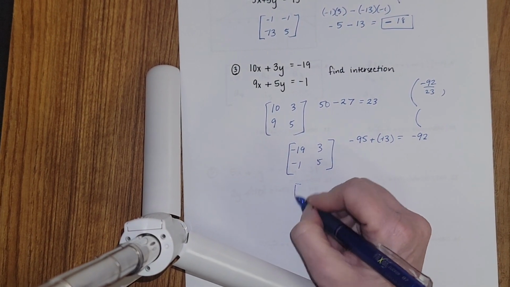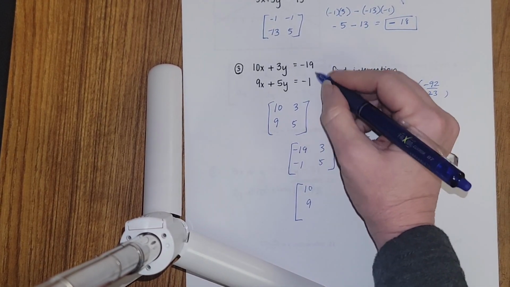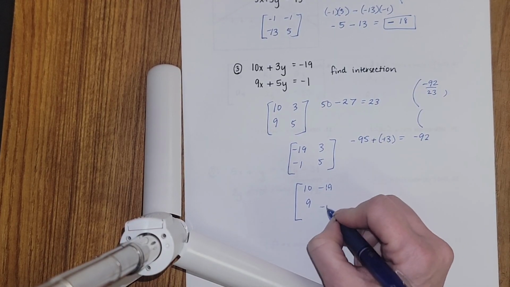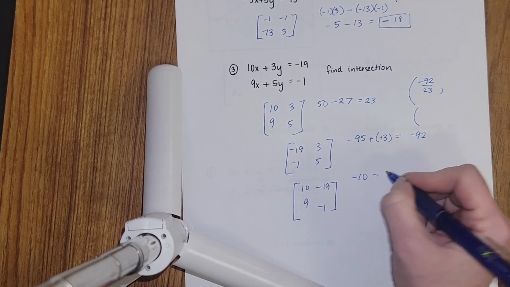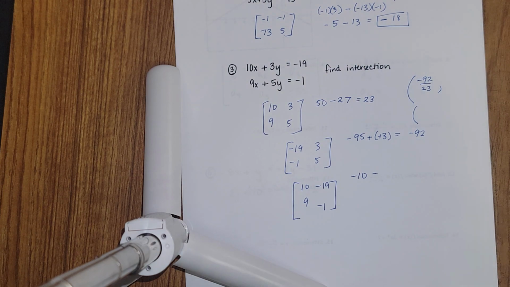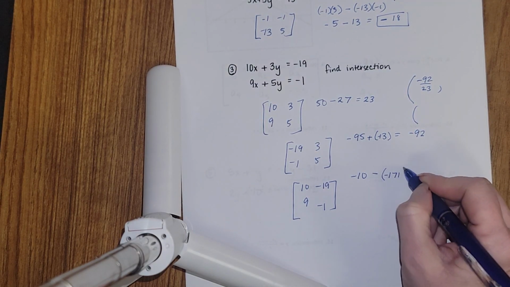And then I do the same thing with y. So the 10 and the 9 go back, and the y values get replaced with the -19 and the -1. So -10 minus, so -19 times 9 minus -171.